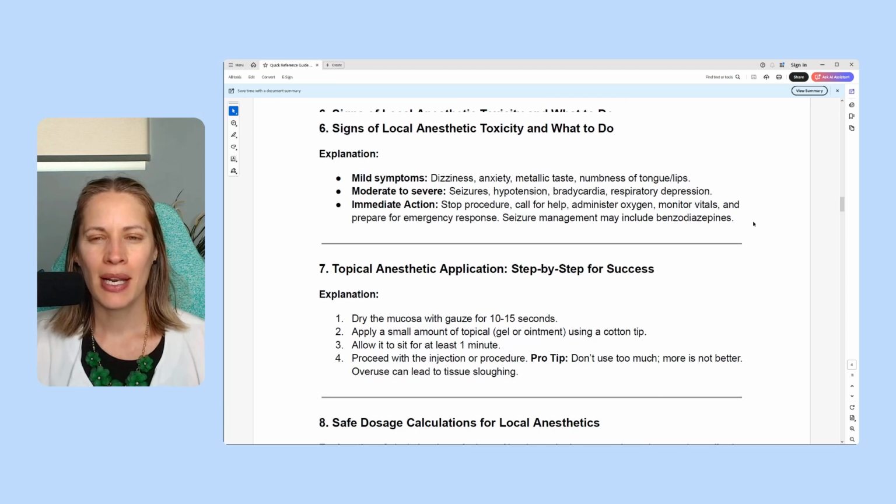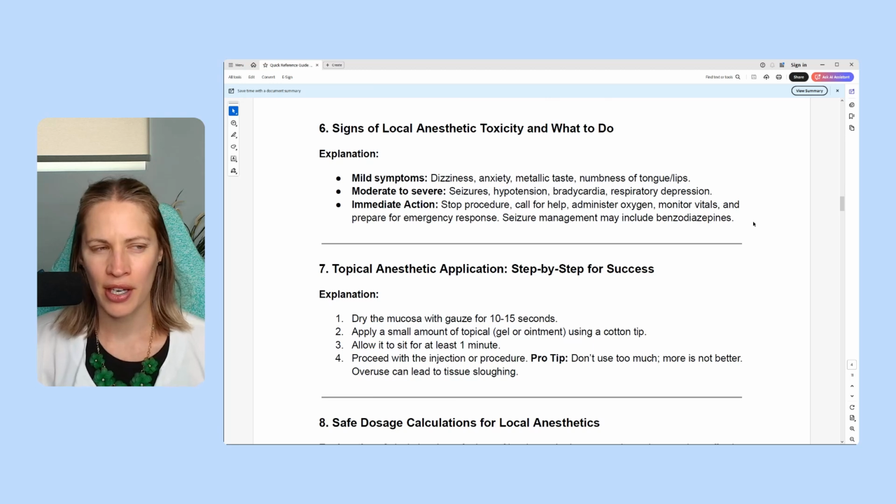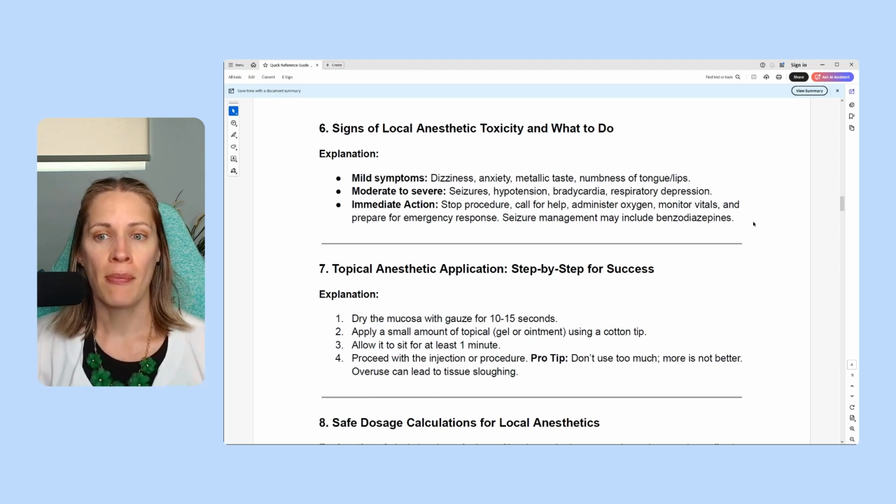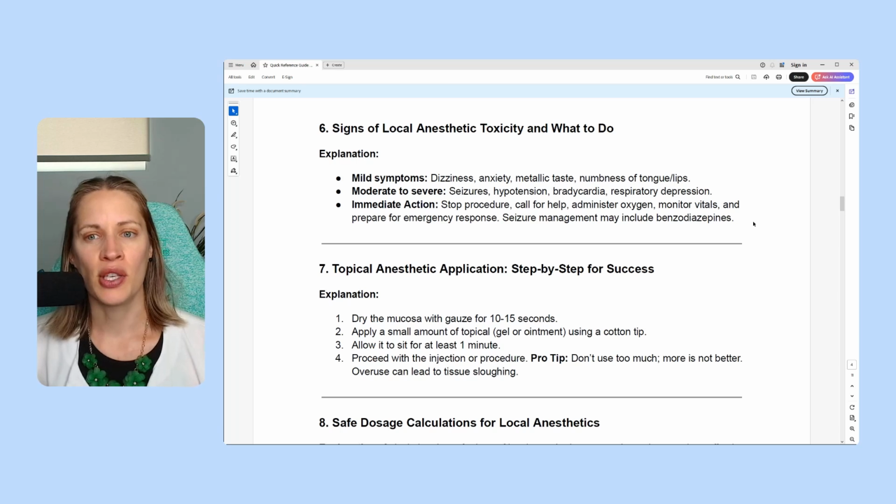Now, what if somebody is having a reaction to their local anesthetic? These could happen where very mild symptoms, such as not feeling very good, getting dizzy, a metallic taste, or moderate to severe would obviously be a drop in blood pressure, trouble breathing, or a seizure. This is obviously not good. In any of these cases, you would automatically stop because they're having a reaction.